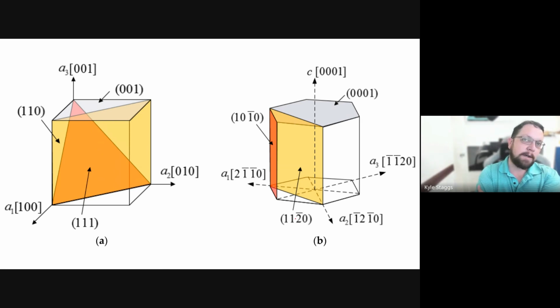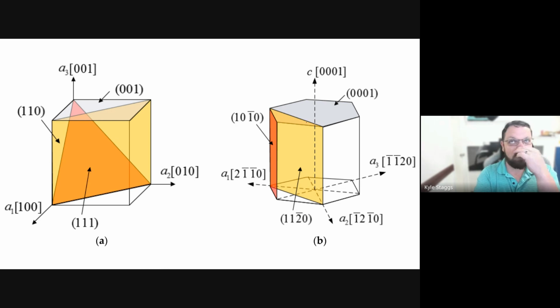You have 1, -2, 0. So 1 in A1, 1 in A2, -2 in A3, and then 0, meaning all along this C axis.